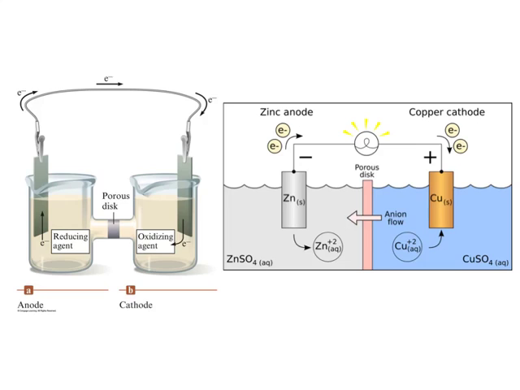I also want to show you something called a porous disk because you could see something like that. So far our electrochemical cells have been two separate beakers or two separate solutions, and then we added a salt bridge. But look at this picture here on the left. We have two beakers, or actually this is sort of a device that has a porous disk in the middle.